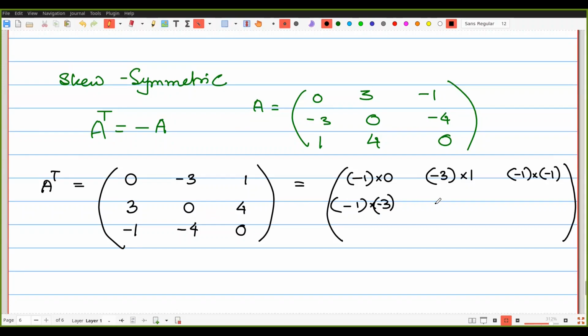Okay, that one is wrong here. Whatever we have to write, minus 1 into 3, sorry, not minus 3, minus 1 into 3. Minus 1 into 0, then minus 1 into minus 4, so that's why it is plus 4. Minus 1 into 1, minus 1 into 4, and minus 1 into 0.